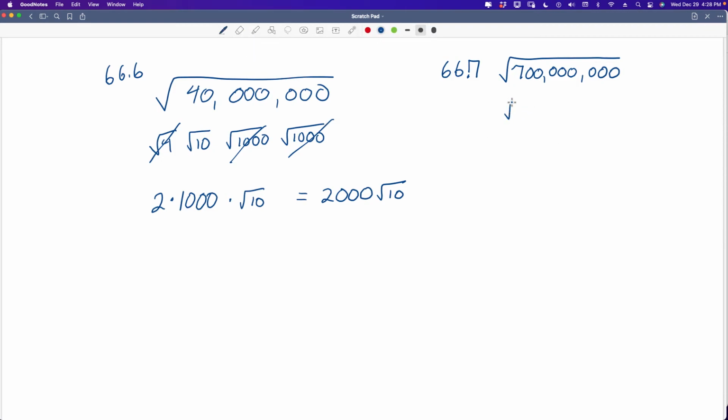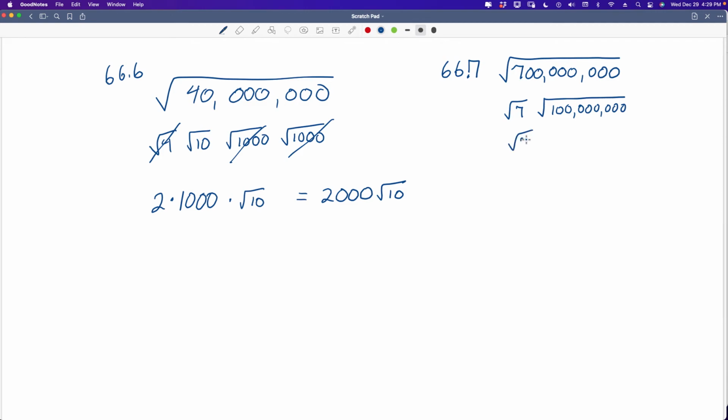So I said the square root of 7 times the square root of 100 million first, right? And I realized that I had 3 zeros and 3 zeros. Well, if you look at it, it's actually 1, 2, 3, 4, 5, 6, 7, 8 zeros.